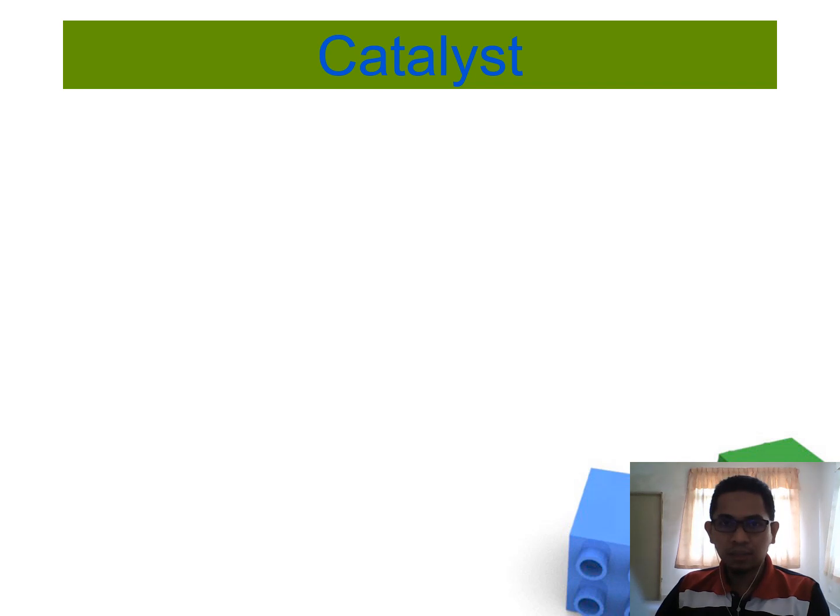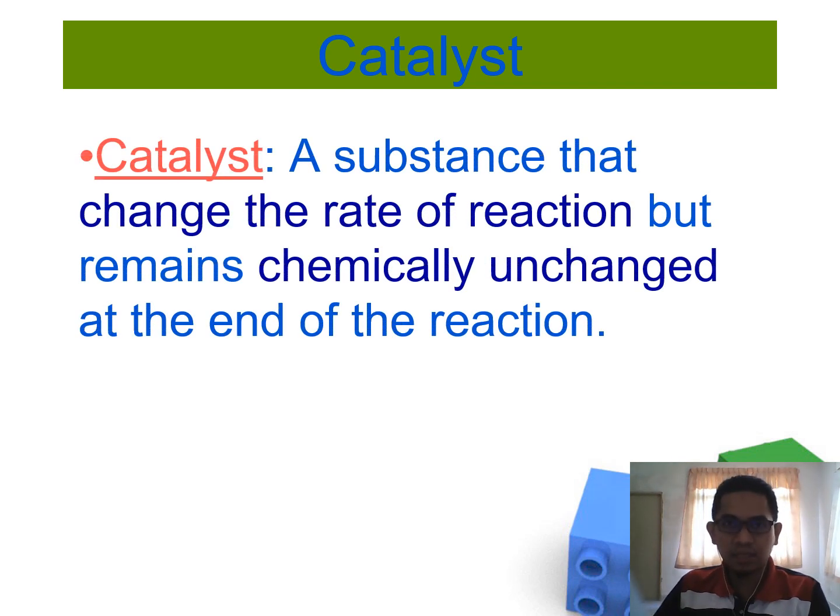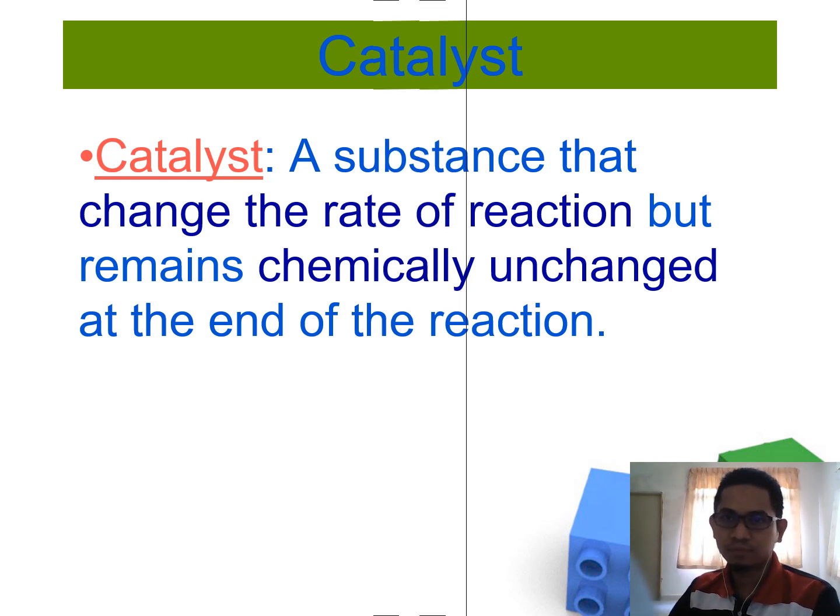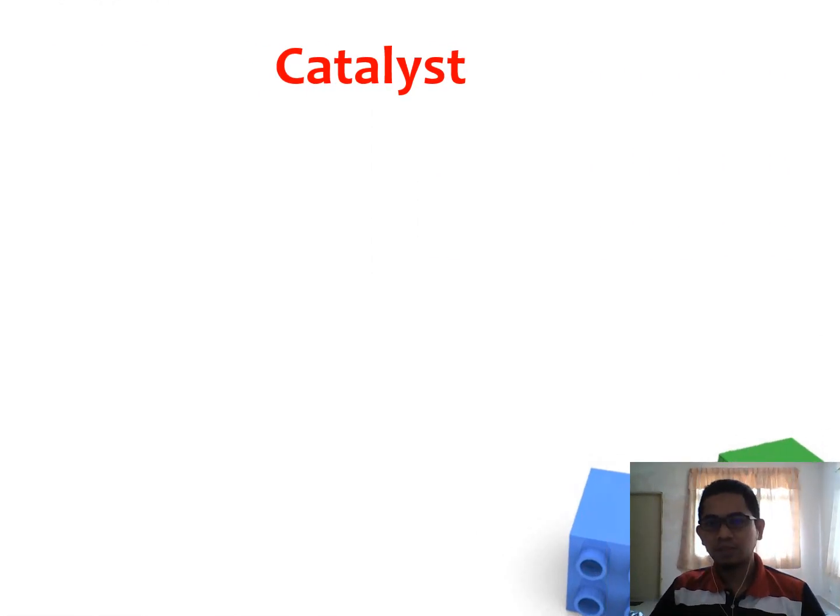Catalyst. A catalyst is a substance that increases the rate of reaction and is chemically unchanged, meaning the catalyst will not react to become a product, but it will help the reaction to produce product faster. So factor catalyst.